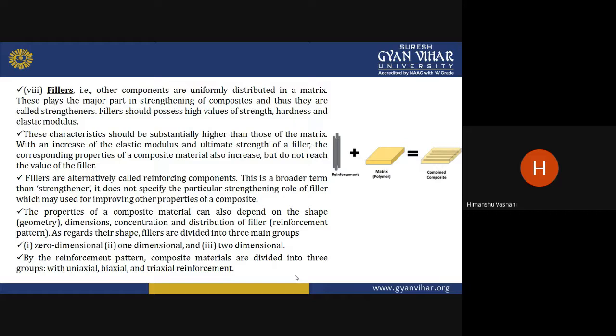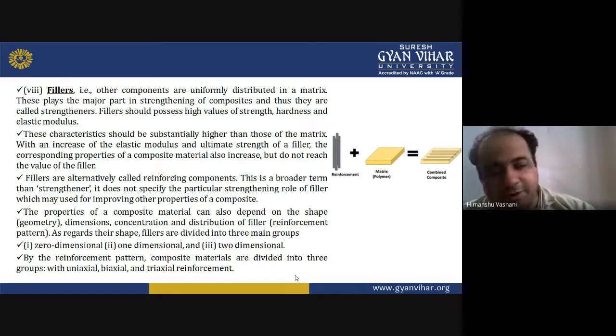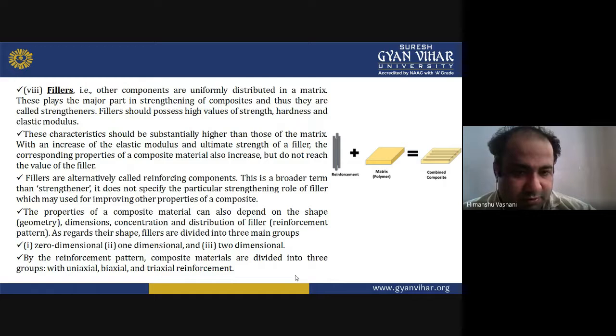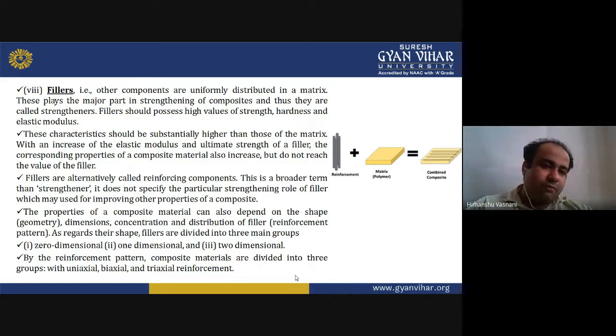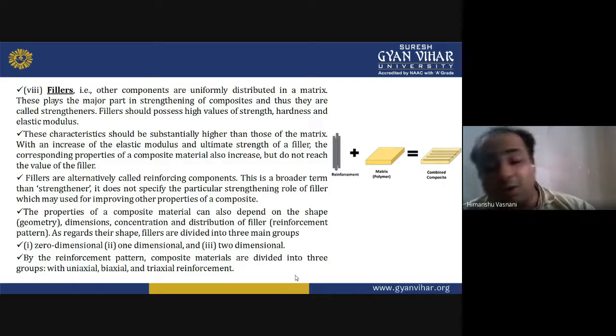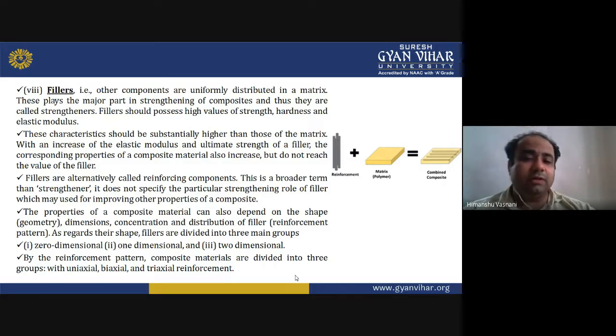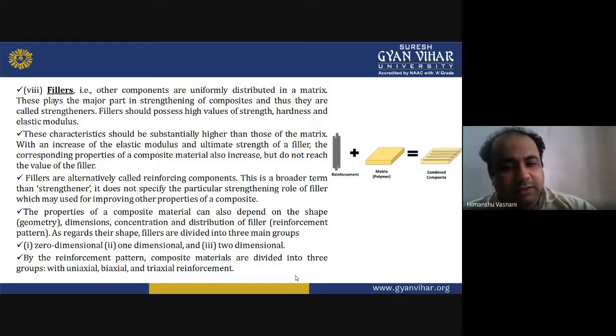By reinforcement pattern, composite materials are divided into three groups: uniaxial, biaxial, and triaxial reinforcement. So the main thing to remember about fillers is that the properties of a composite material depend on the shape, geometry, dimensions, concentration and distribution of the filler. Okay, so this is how they do.